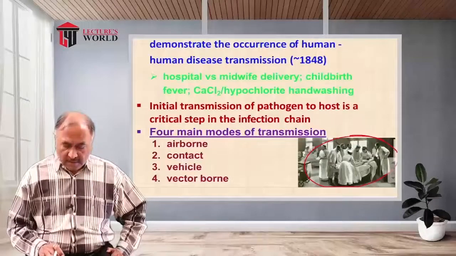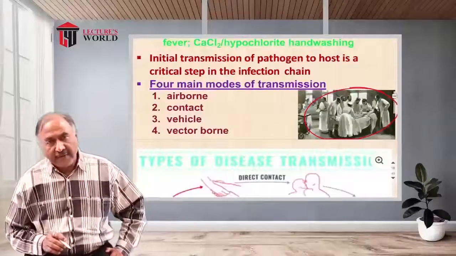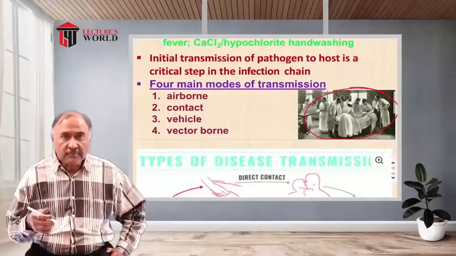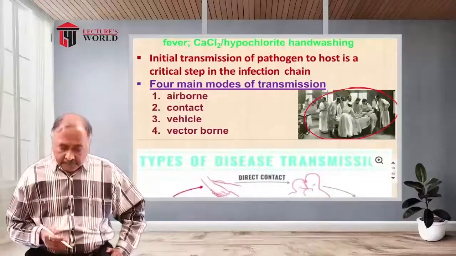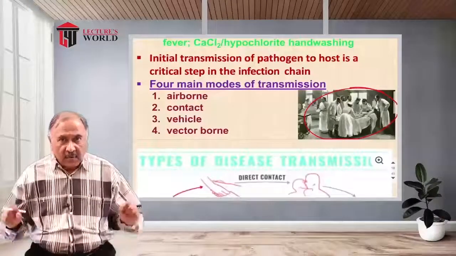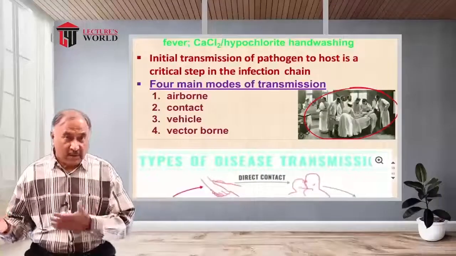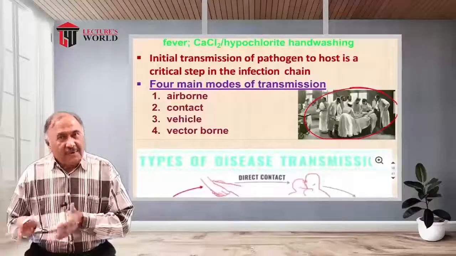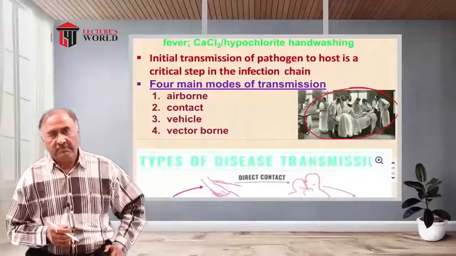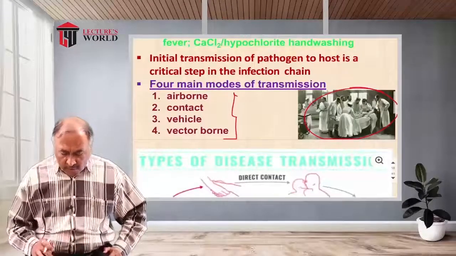And the four most important modes of transmission are either airborne, direct contact, vehicles, use of certain vehicles. Vehicles means not the vehicles which we use, like motorcycle, car or other things. Here vehicles means other organisms. And vectors, insects. So these are basically the four modes of transmission.